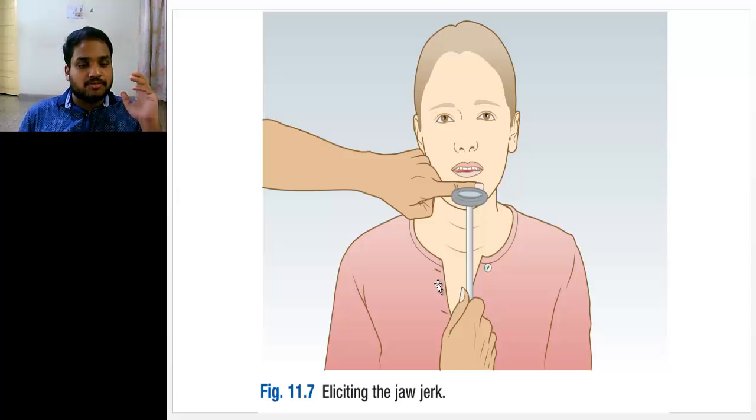Remember, there is deviation of the jaw to the affected side. Then corneal and conjunctival reflexes would be lost. Then the jaw jerk reflex would be exaggerated when there is a bilateral upper motor neuron lesion above the pons, right? Above the pons, if there is a bilateral upper motor neuron lesion, then the jaw jerk reflex would be exaggerated. Fine.